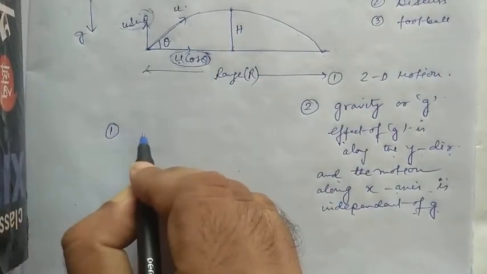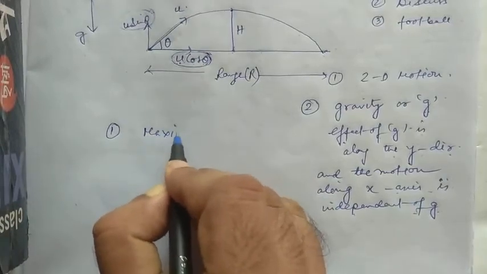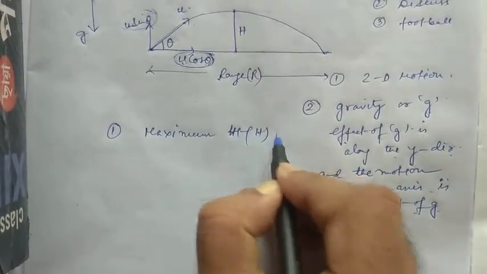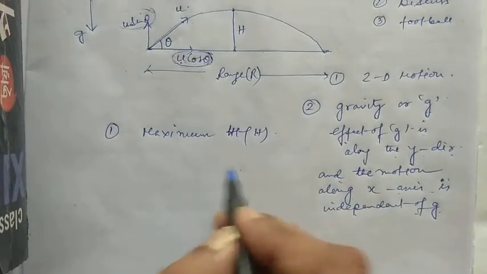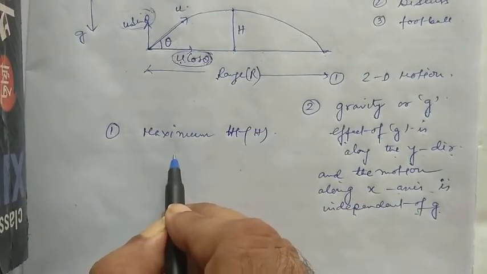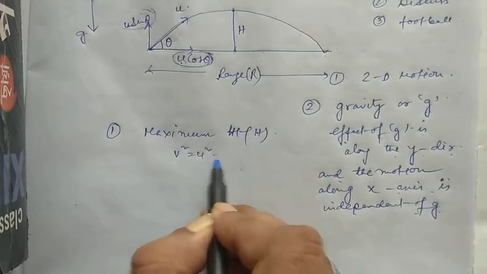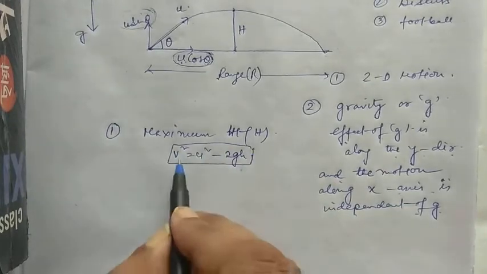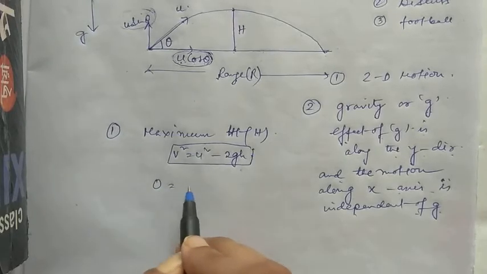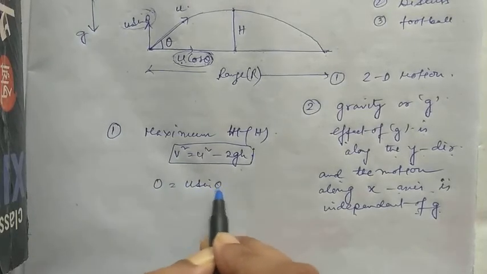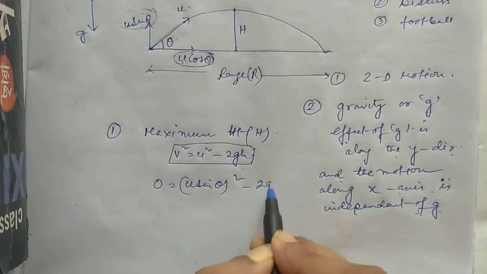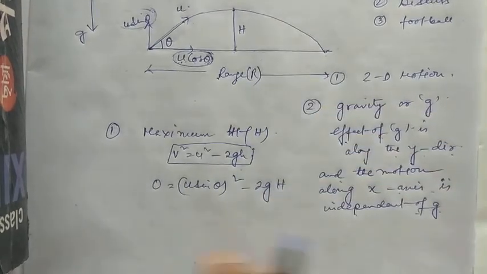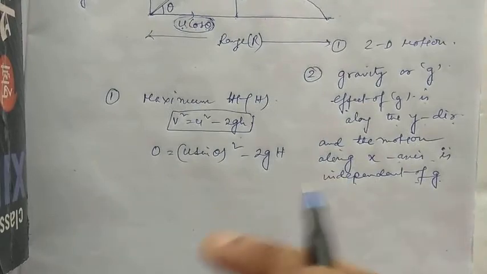First we can find the maximum height. We have denoted the maximum height as H. According to the formula, v square is equal to u square minus 2gh. We replace v as 0, u as u sin theta, and h by capital H. Now what is the logic behind this?